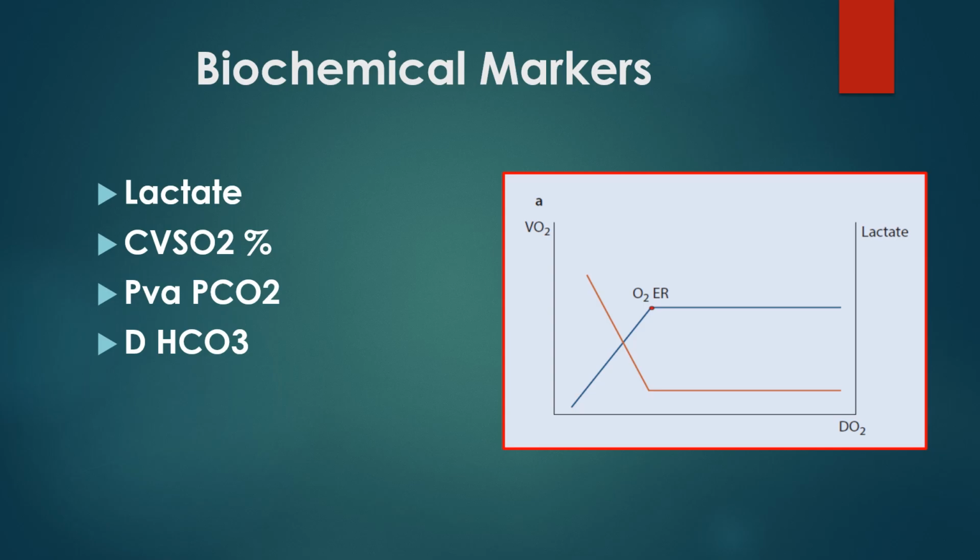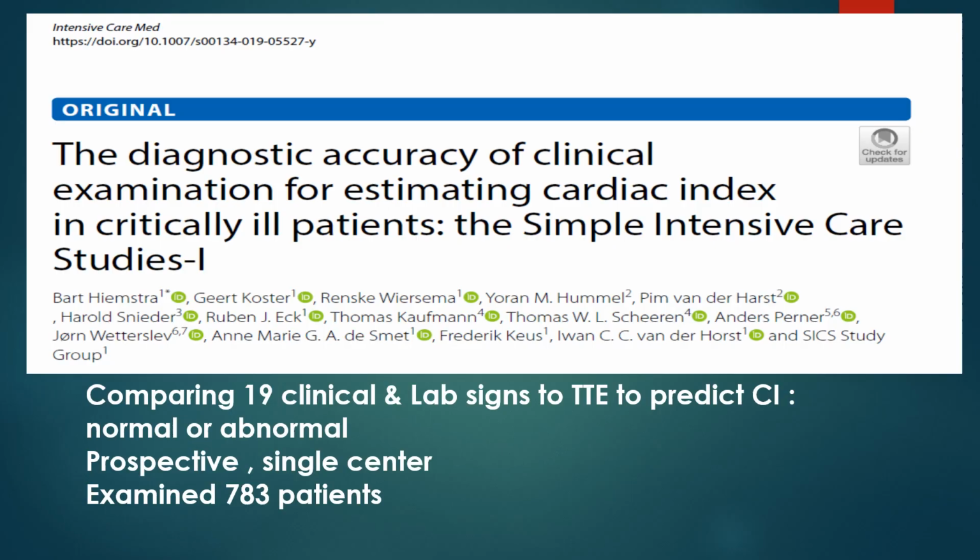Then the imbalance between the oxygen delivered and the oxygen needed by the tissue results in tissue hypoperfusion and anaerobic metabolism. How do you predict that your patient is having shock clinically, or do you need something more than depending on assumption by measuring certain clinical examination signs and symptoms?